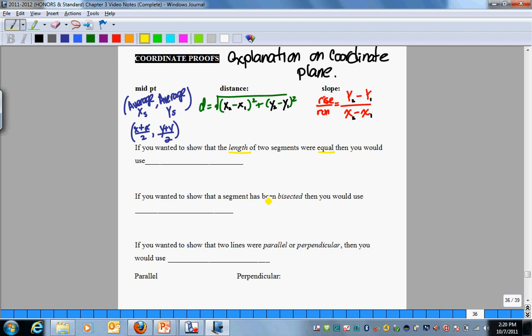It says if you wanted to show a segment has been bisected, would you use midpoint, slope, or distance? Last one, if you wanted to show two lines were either parallel or perpendicular, would you use midpoint, slope, or distance? Think about it and fill in those three blanks.